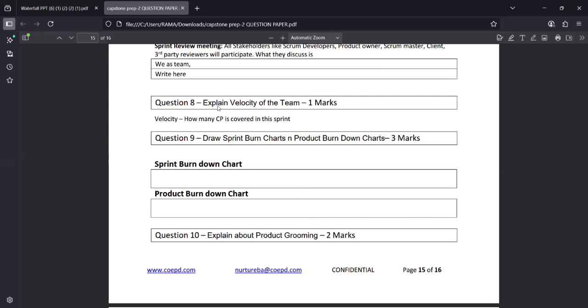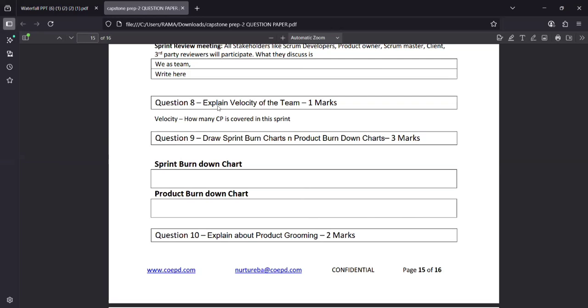By using the velocity of the team, it helps in predicting how much work the team can do in a further sprint. After completion of the sprint only, the velocity of the team chart will be visible.